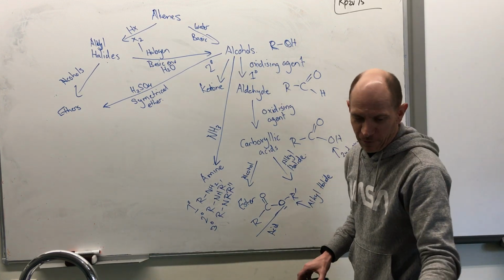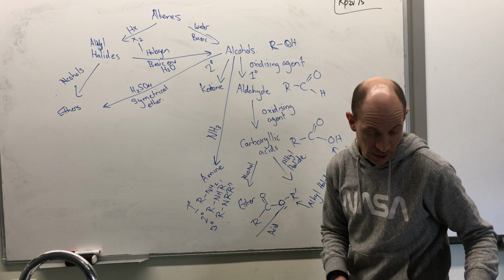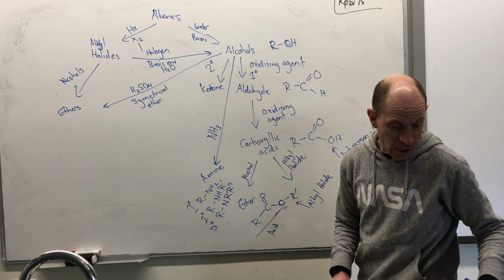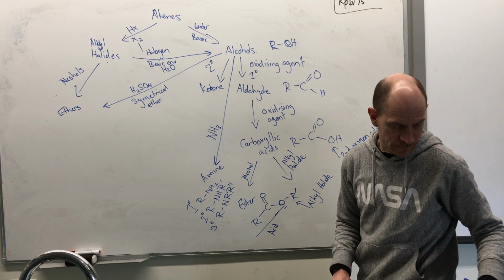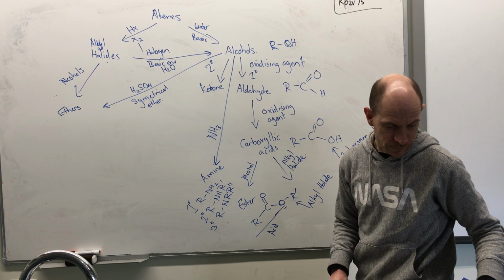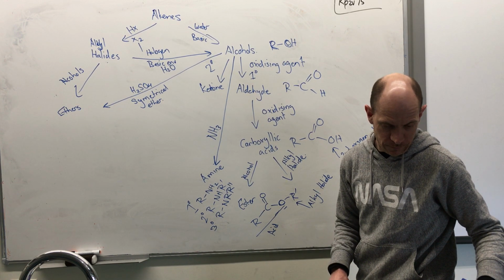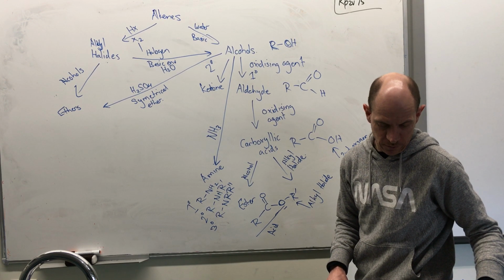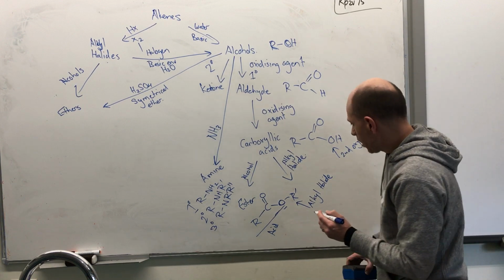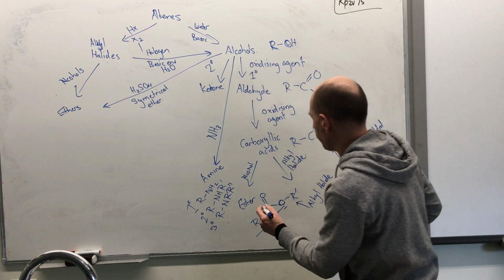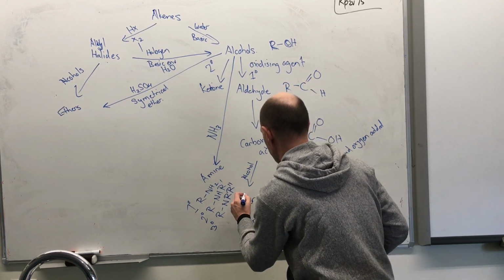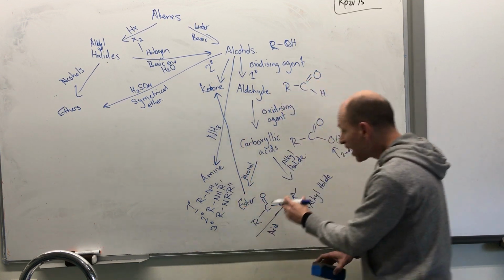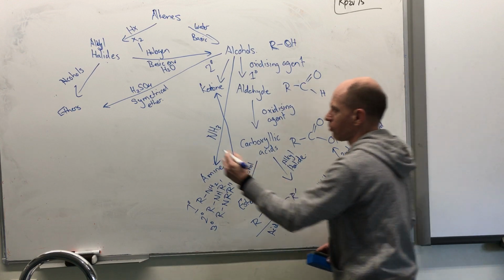What else do we have on our magical mystery tour? An ester can form a ketone. So an ester goes to a ketone if we take off one of these oxygens using a strong reducing agent.